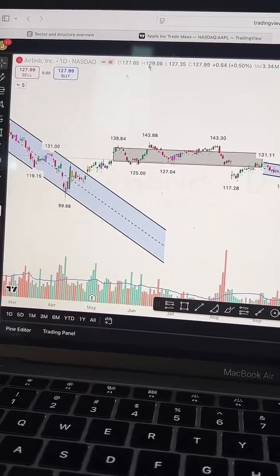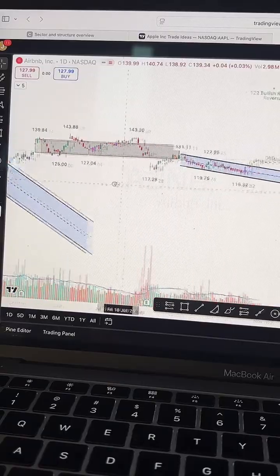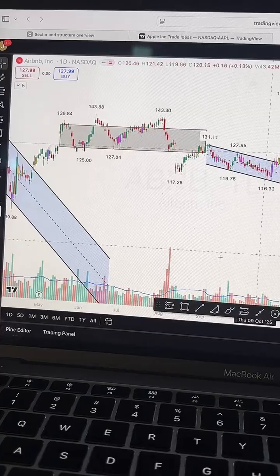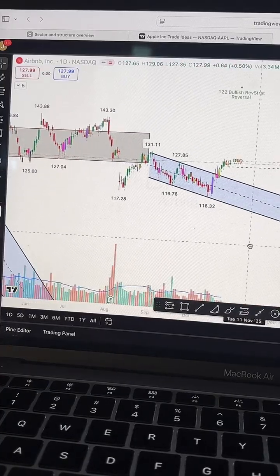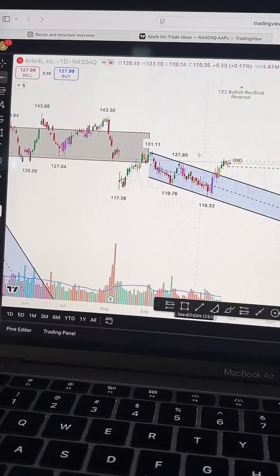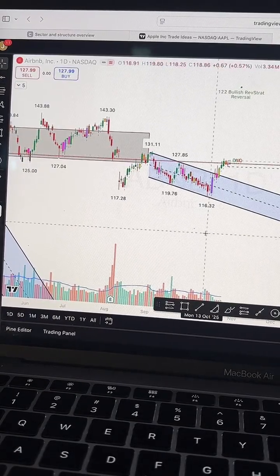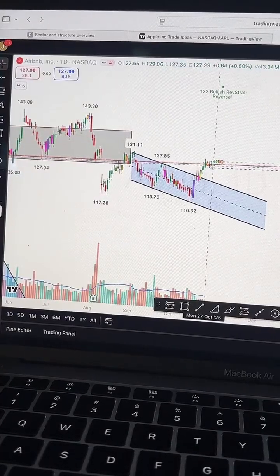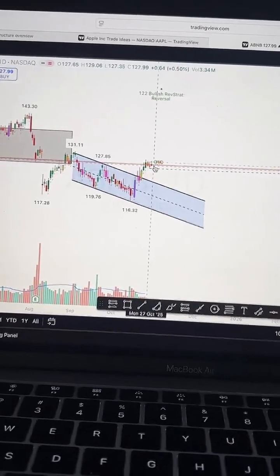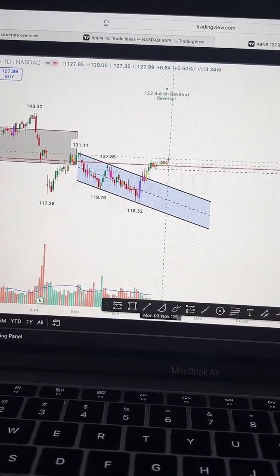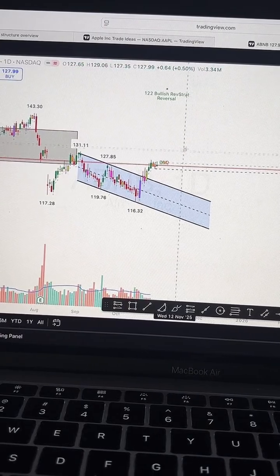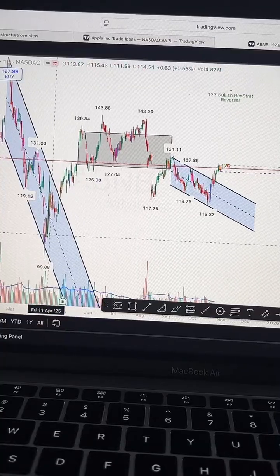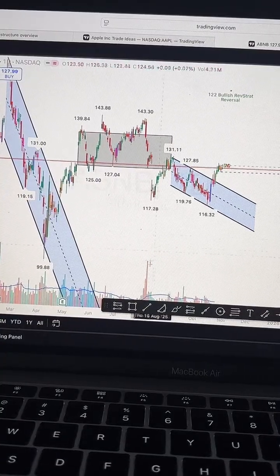So after it comes out of this downtrend, it starts consolidating, and then it goes back into a downtrend. And now we may be forming an uptrend. I'm going to mark this 127. We have to get above that and stay above it. We closed above it, but it's just lingering right here. We need to get way above this 127 and close above, and it might start an uptrend. But this was a good example to show we have downtrend, consolidation, downtrend.